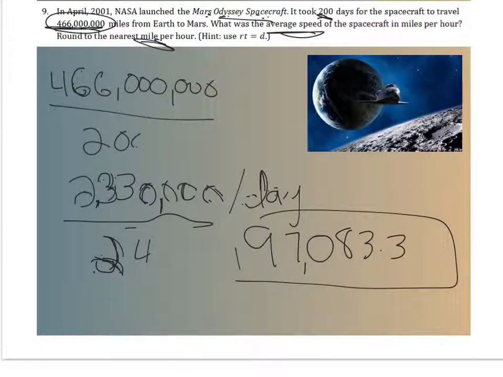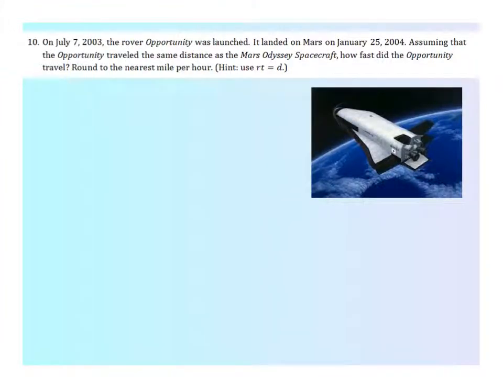That's moving pretty fast. All right, so same kind of idea. Assuming that the Opportunity traveled the same distance as the Mars Odyssey spacecraft, but it did it from July 2003 to January 2004. How fast did the Opportunity travel?